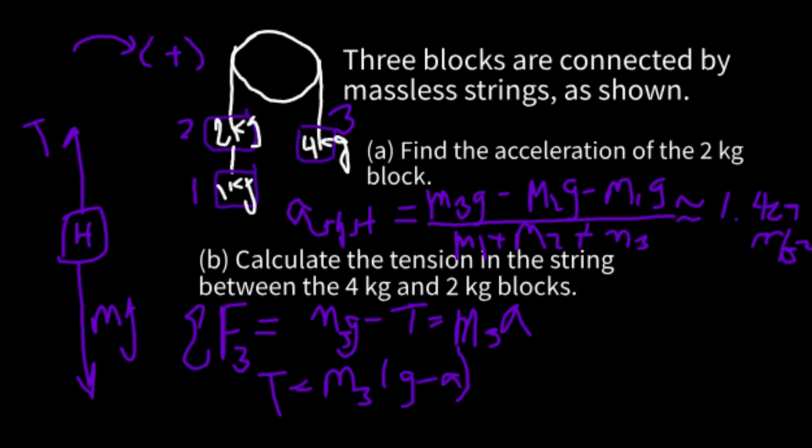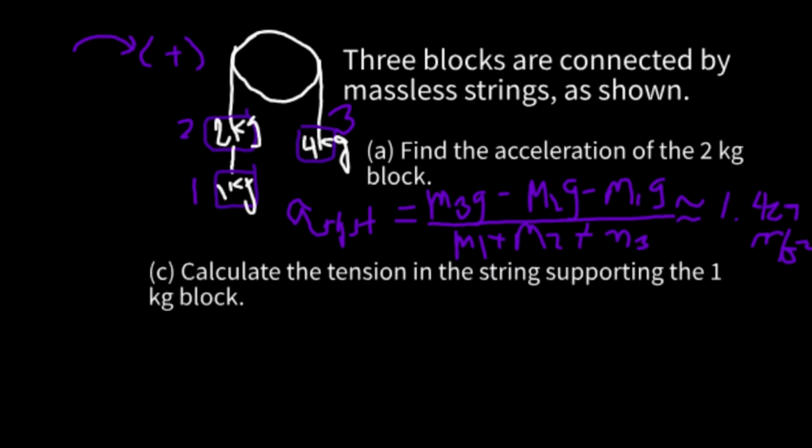So that'll be 4 times 10 minus 1.429, which approximately equals, or actually exactly equals, 34.284 newtons.